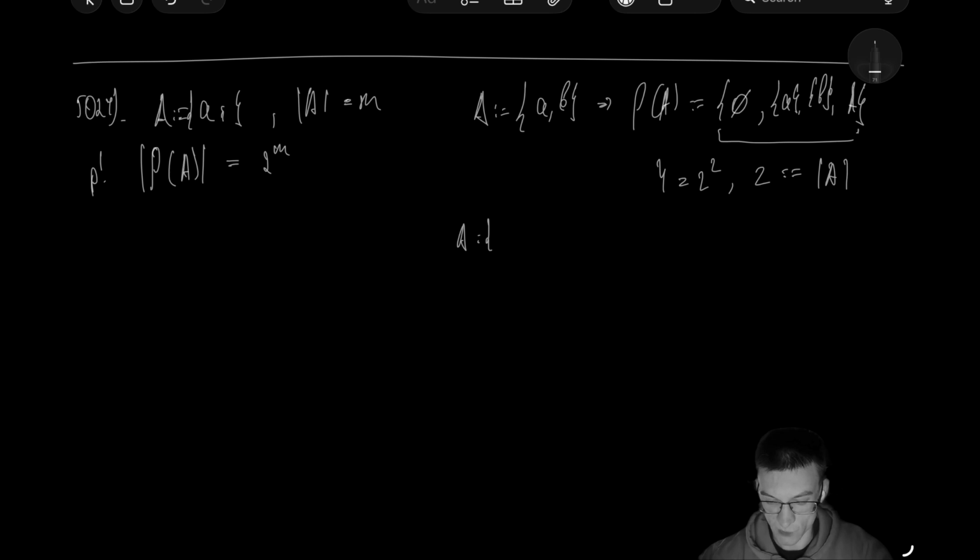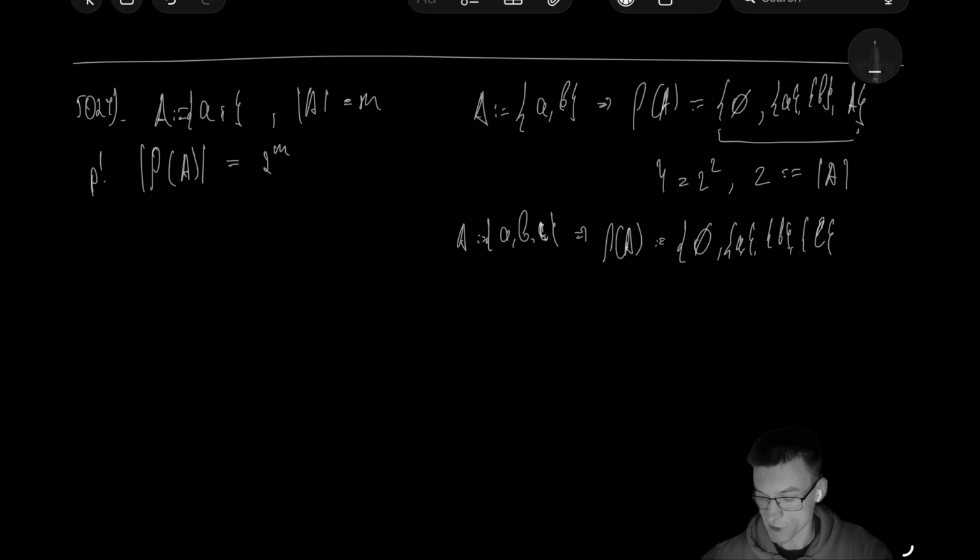That's a pretty simple example. If you consider the set with 3 elements, A, B, and C, you can do pretty much the same thing. We have the empty set, the set of just A, just B, just C, then A and B, A and C, and B and C, combinations of different elements, because BA and AB are the same thing.